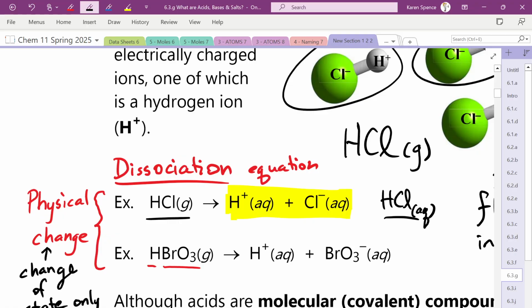So dissociation is not the same as decomposition.